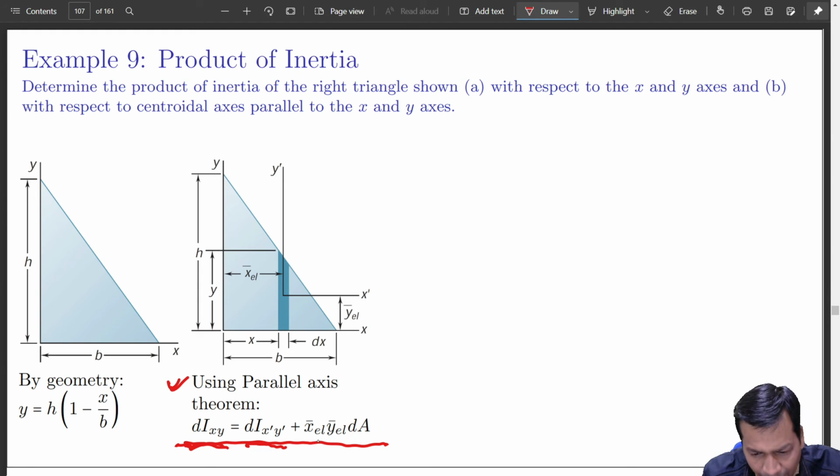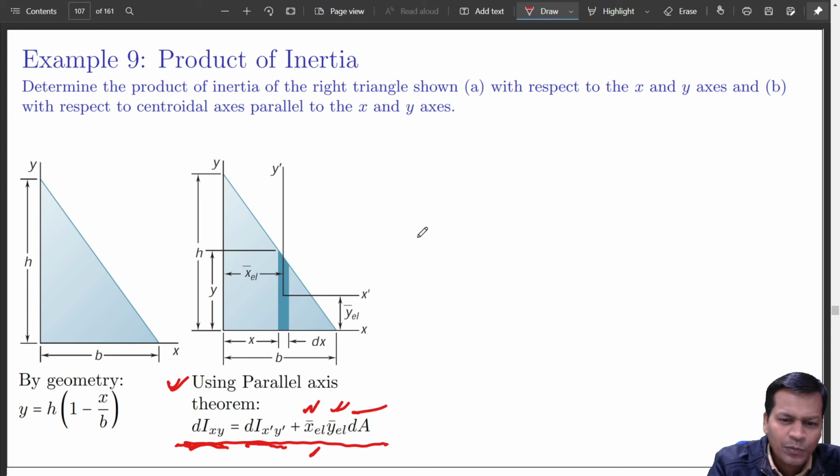What is x el bar? x el bar is the distance of the centroid of this small strip element. Similarly along y. And dA is the area of that small strip.